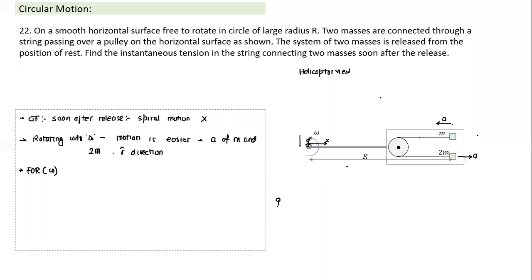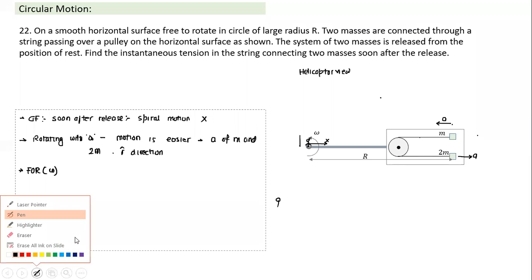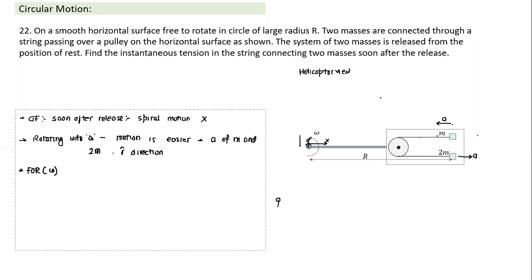Let me mark the forces now. We are concerned only with the horizontal components of forces, which are easy to mark. On this block, the force acting is T, the tension here. And the other force is the centrifugal force, since I am using a rotating frame of reference: mass of the object to which I am applying the pseudo force, m, into its distance from the rotating observer, R, into omega square.